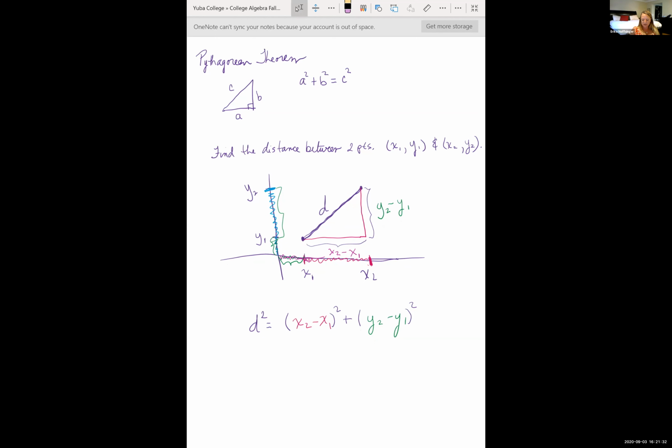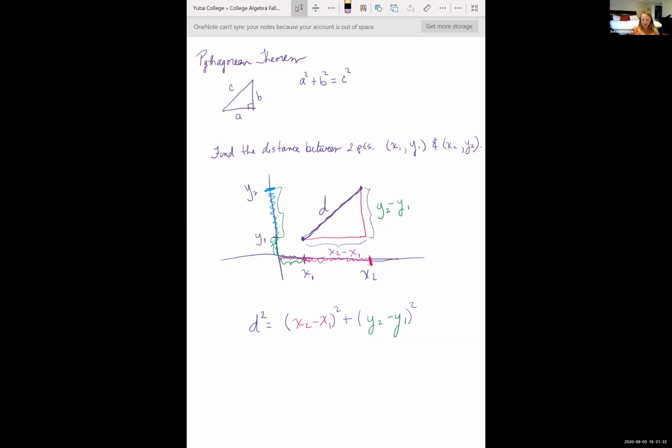Okay, so it's telling me to plot each point and form a triangle ABC. Show that the triangle is a right triangle. And then it says find the area. Okay, so we're given 3 points. A is 4, -3.